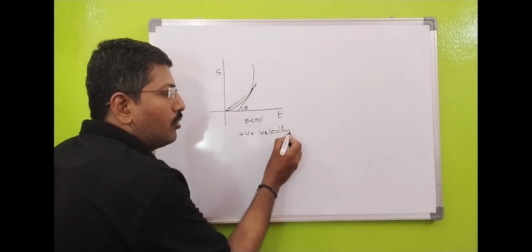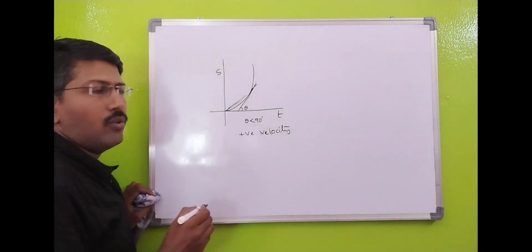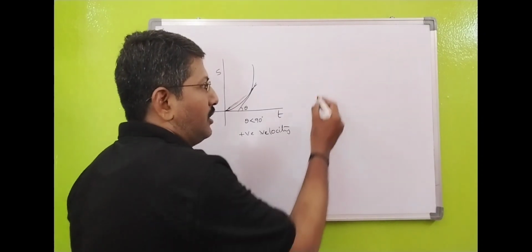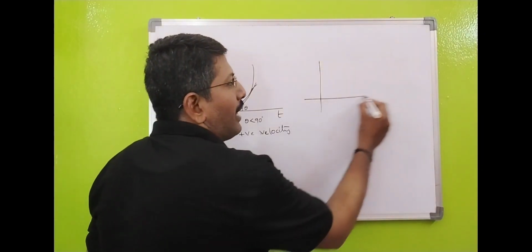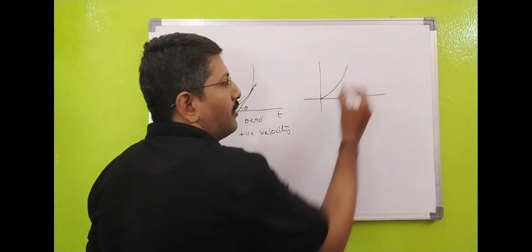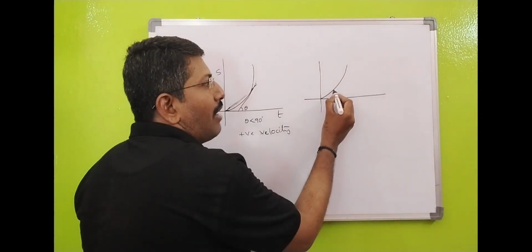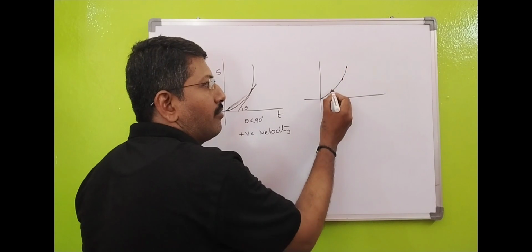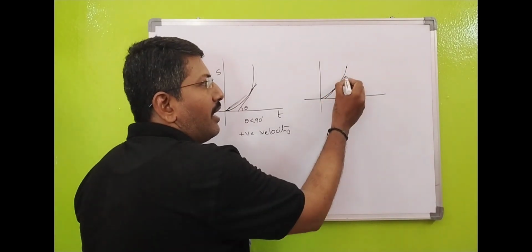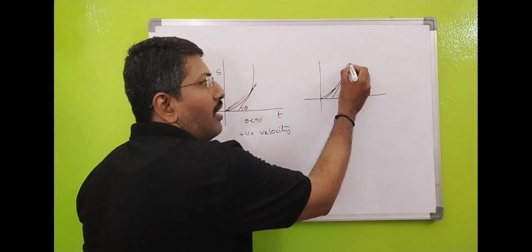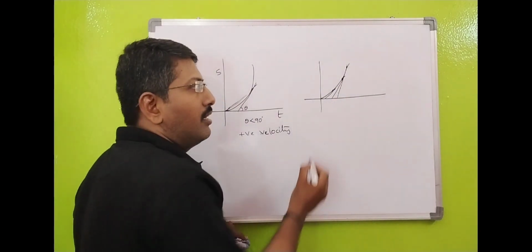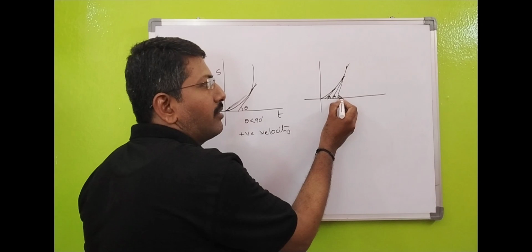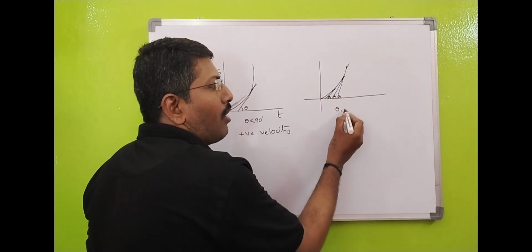Next, what about that velocity? Increasing velocity or decreasing velocity? Simply, I will take one more graph like this. Here I take one point here, another point here, another point here. I draw one tangent here, one more tangent here, and one more tangent here. If you observe very carefully, this theta 1, theta 2, theta 3, the value of theta 1 is less than theta 2, which is less than theta 3.